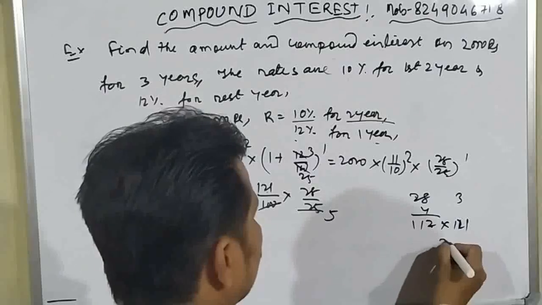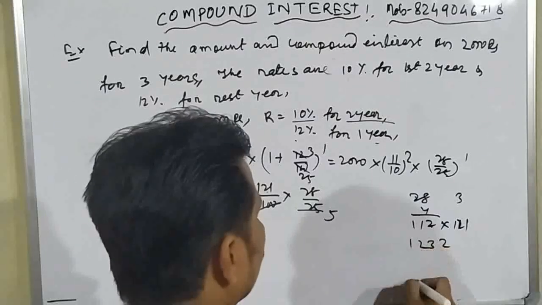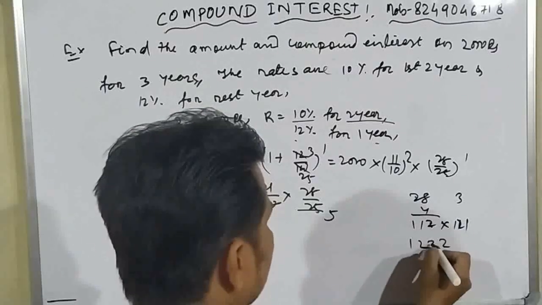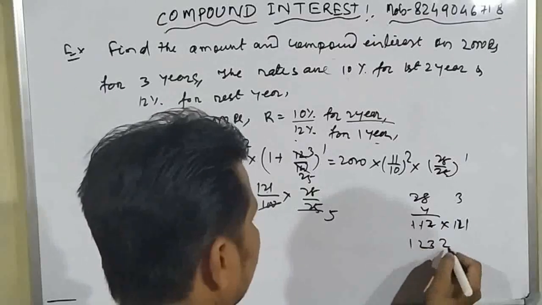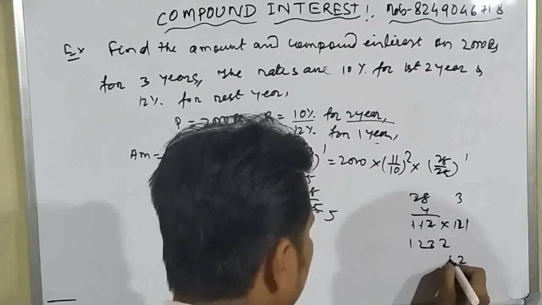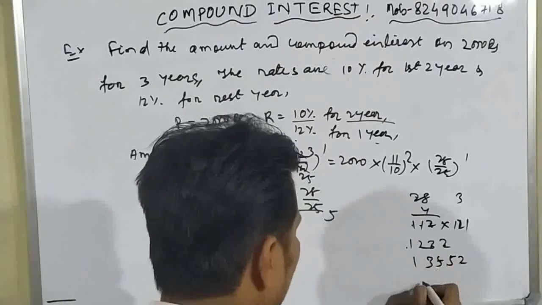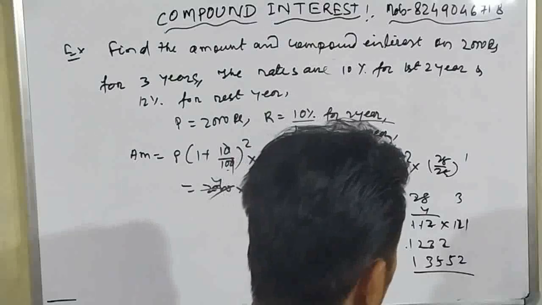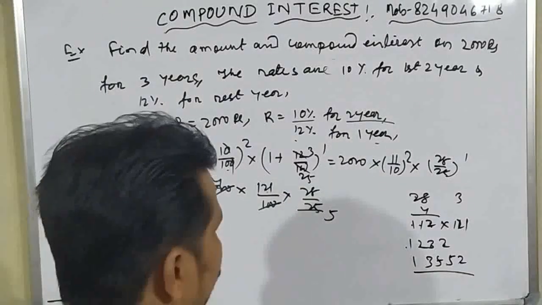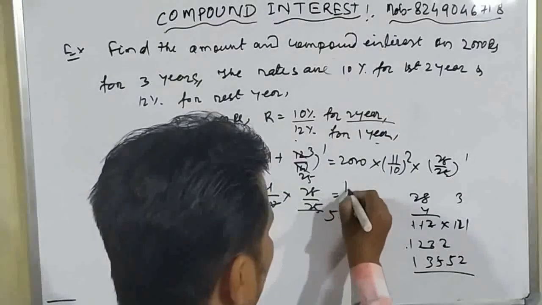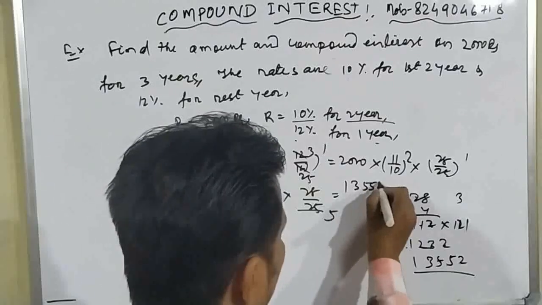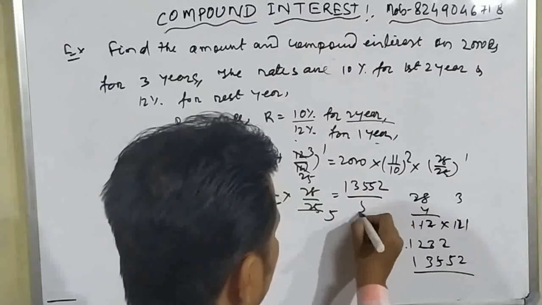The result is how much? 13552. So here the result is 13552 divided by 5.